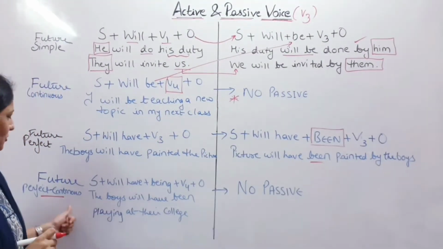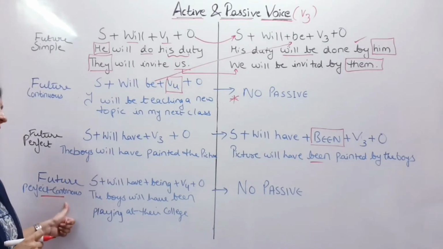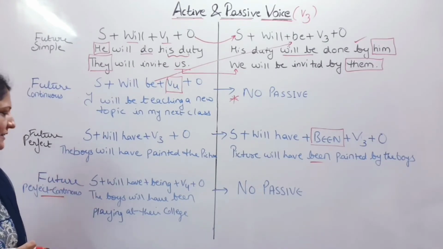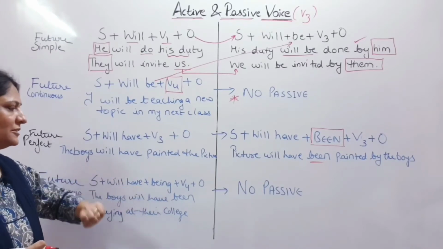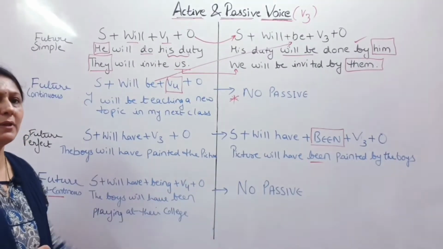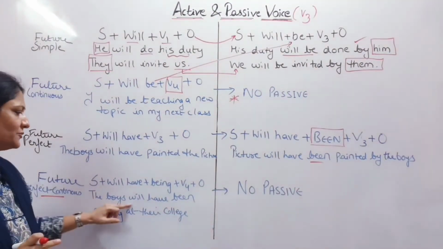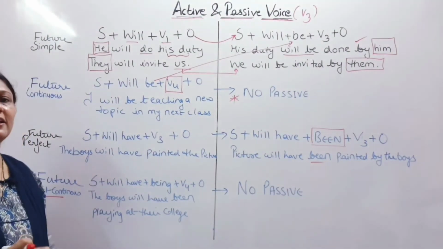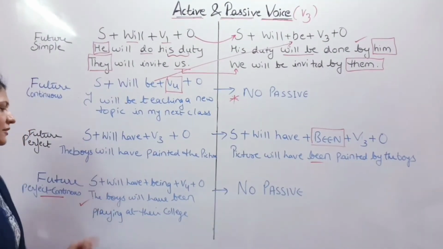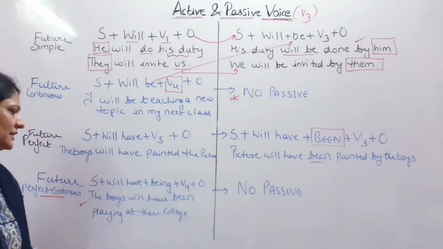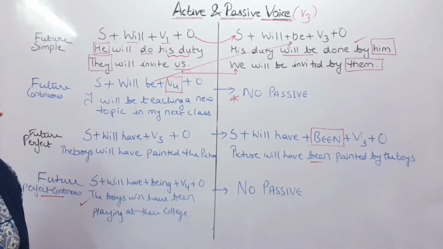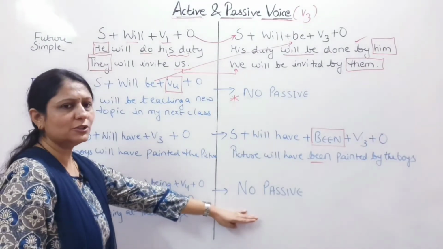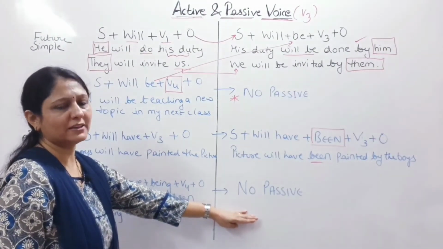Now coming to future perfect continuous tense. The formula we have already studied is subject plus will have been plus V4 plus object. The boys will have been playing at their college. This sentence is very clear. Like future continuous tense, this future perfect continuous tense also does not have any passive voice.